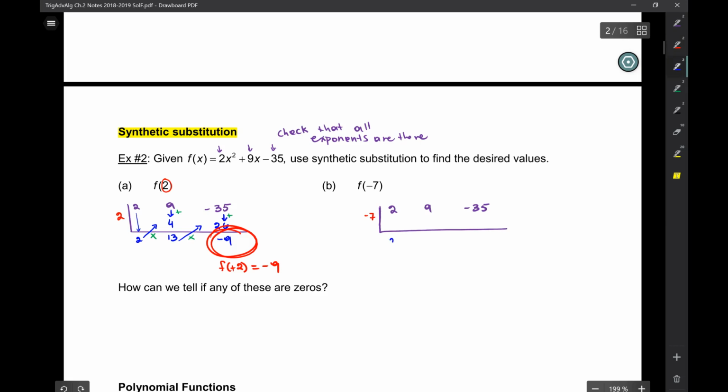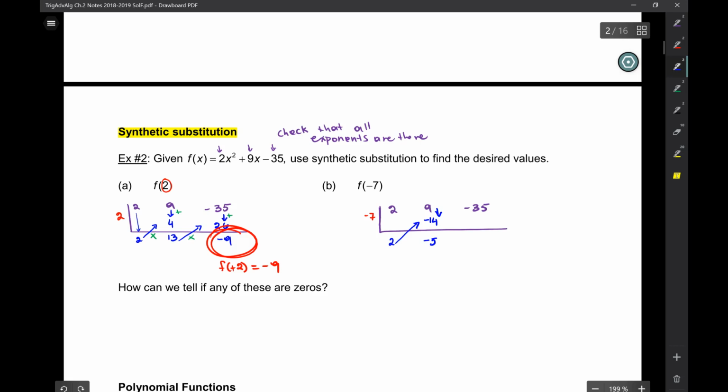The first one comes down for free. All right, and now whatever makes it down here, it gets multiplied by negative 7, so you get negative 14. You add this way. How much? Negative 5. Okay?